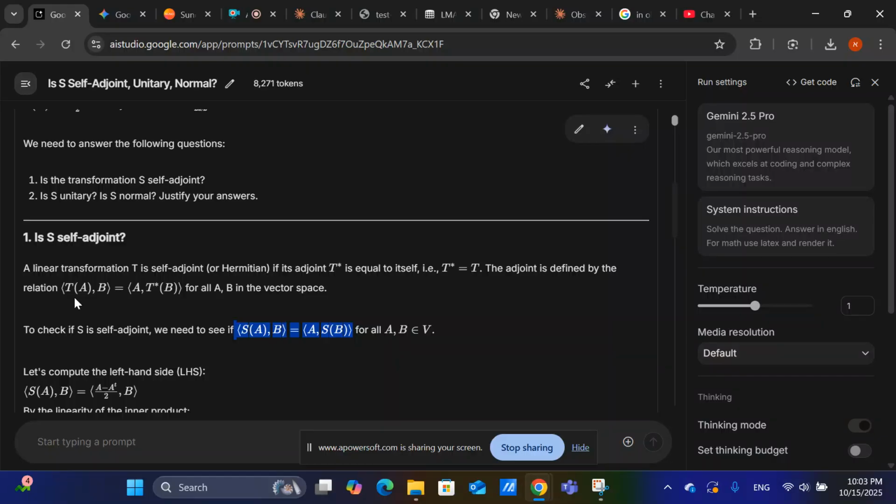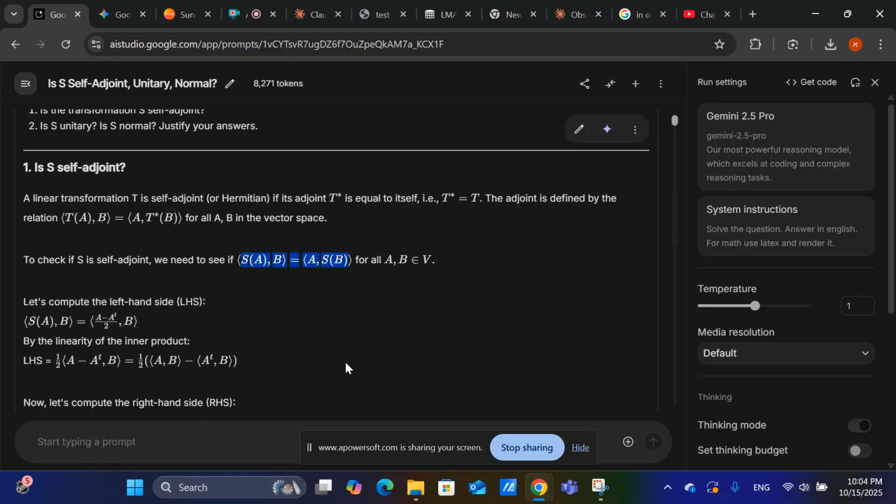Because remember that if we're talking about a transformation, its adjoint satisfies that the inner product of T(A) with B equals the inner product of A with the adjoint of T applied to B. And for a self-adjoint transformation, this T equals this T star. So let's try to calculate it.